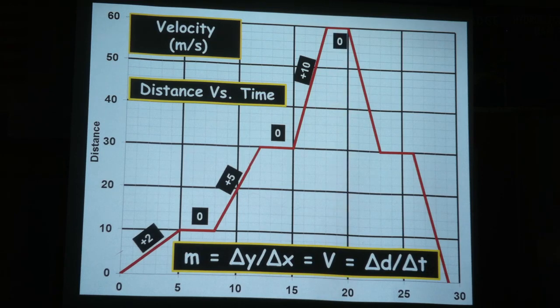Okay, that's 0 because it's flat, horizontal, and we go down and we continue. Notice the negative slope for the time frame 20 to 23, and 26 to 29. The graph ends at 29 if you look at it closely.